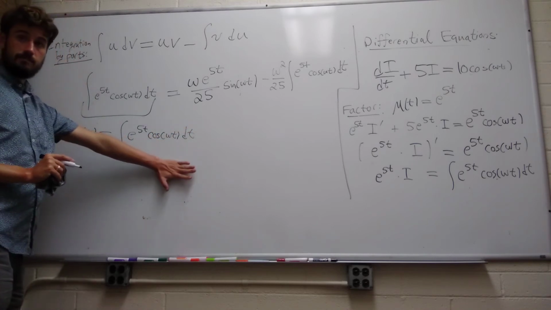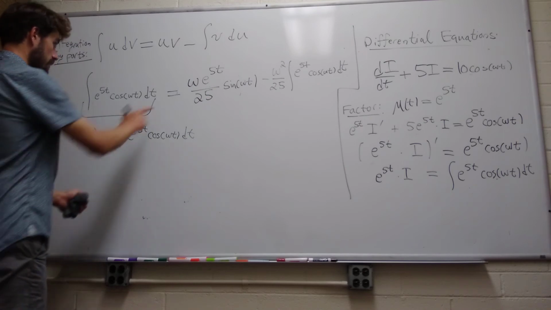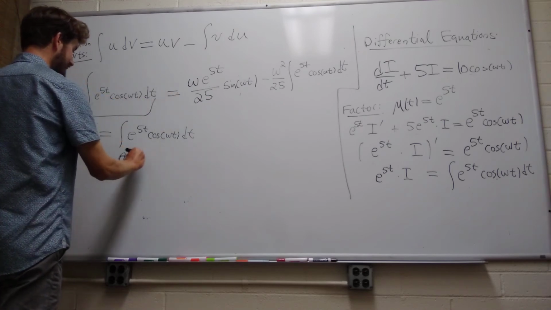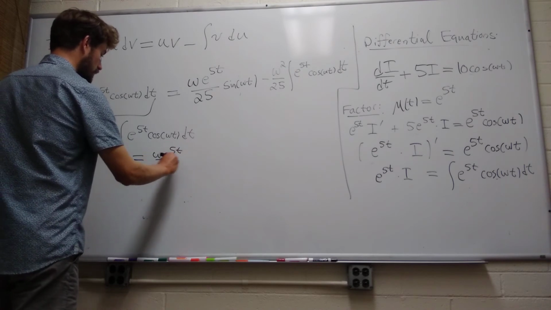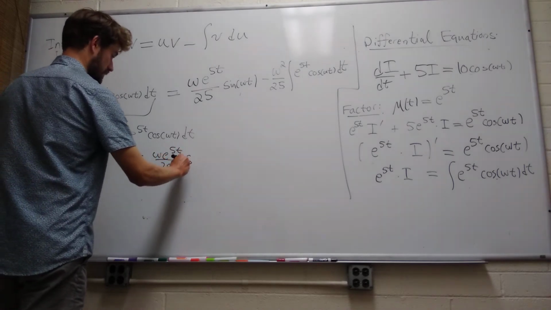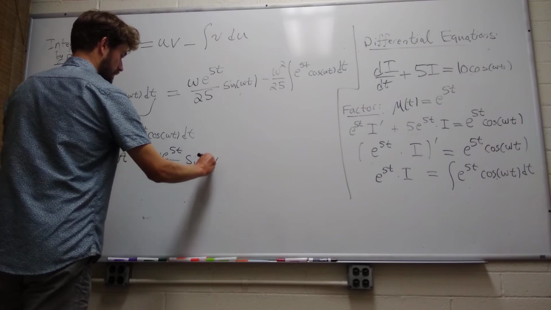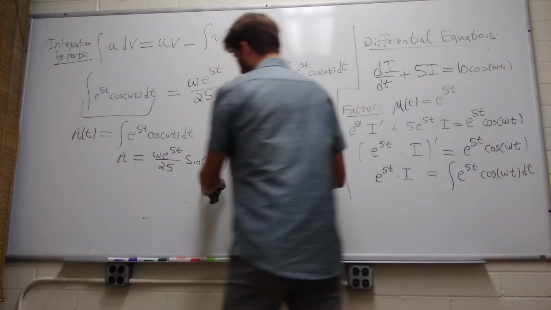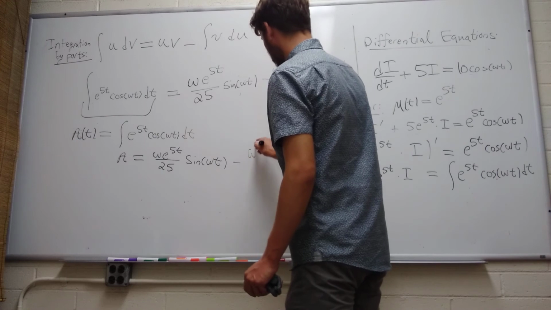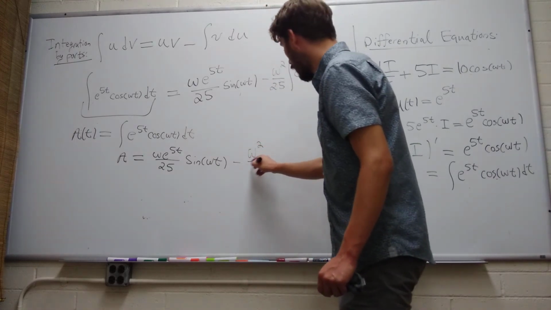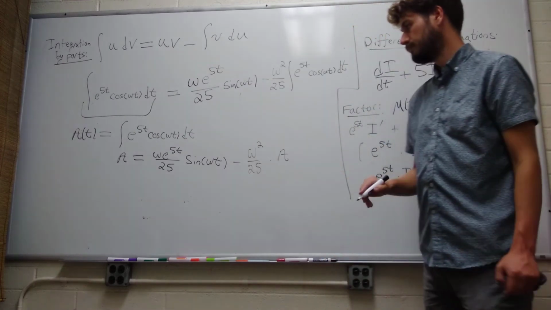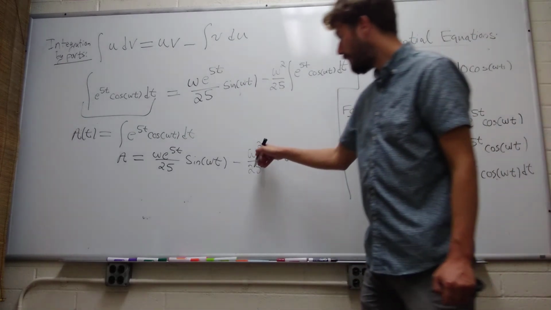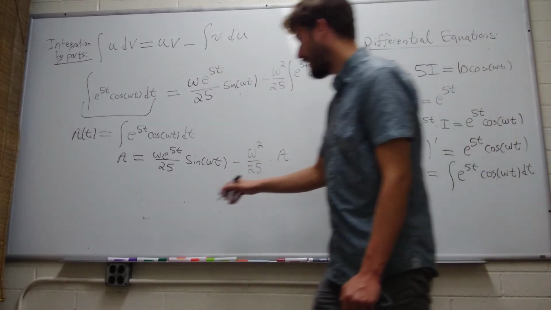A is this integral. You plug it in here, we get A is equal to omega e to the 5t over 25 times sine of omega t minus omega squared over 25 times A. Let's add omega squared over 25 times A to both sides.